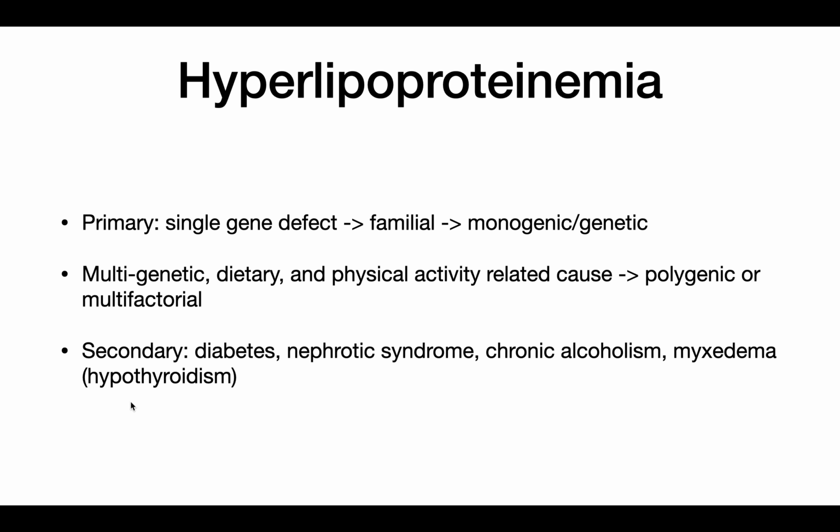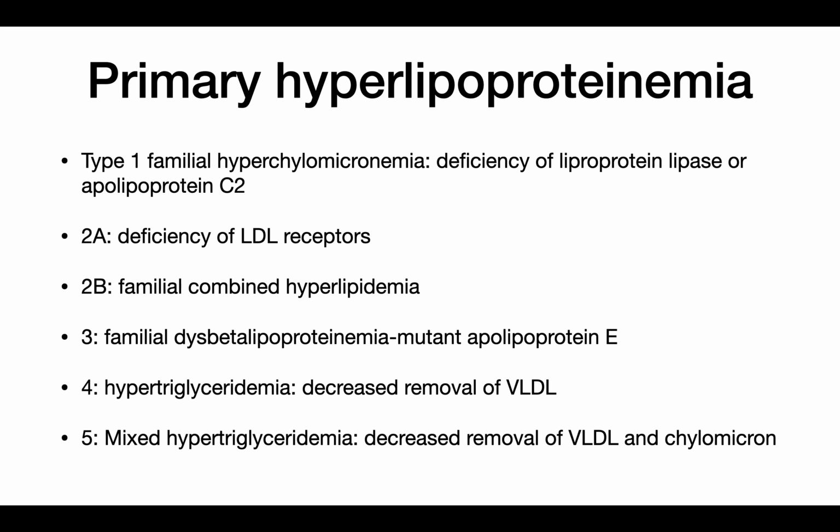In secondary, hyperlipoproteinemia is going to be caused by complications of diabetes, especially unmanaged diabetes, nephrotic syndrome, chronic alcoholism, and myxedema or hypothyroidism.